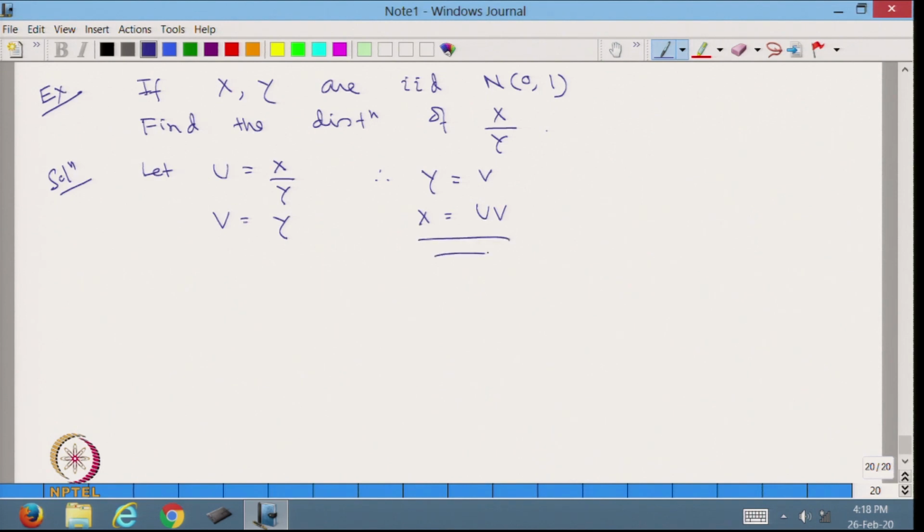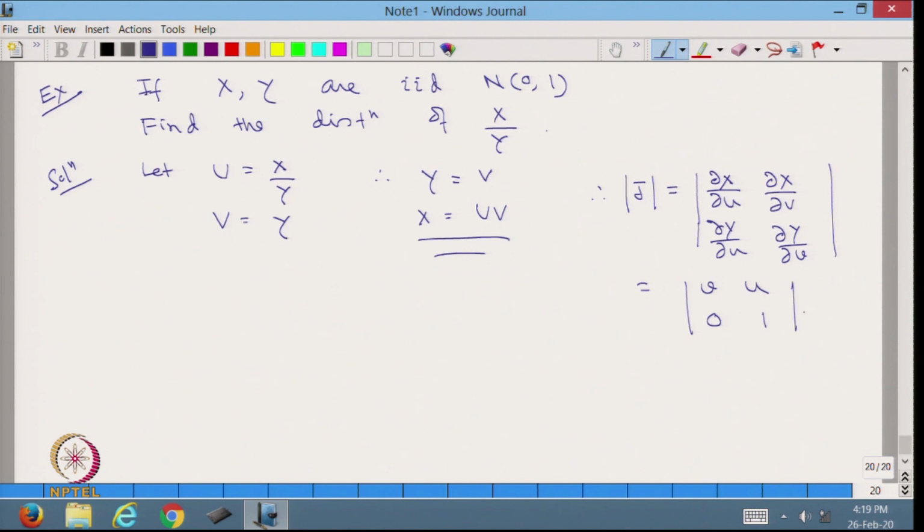So, this is the inverse transformation. Therefore, Jacobian is equal to the determinant of del x by del u, del x by del v, del y by del u, del y by del v, which is equal to v u, 0 and 1, which is equal to v.